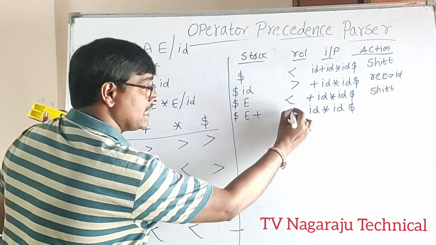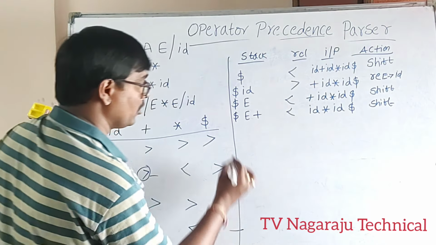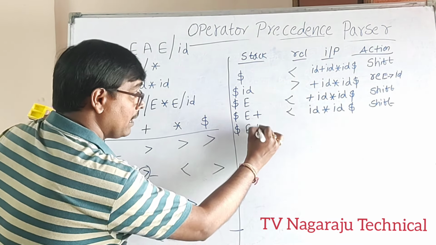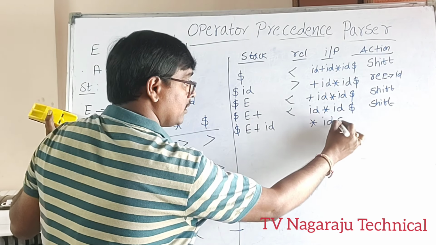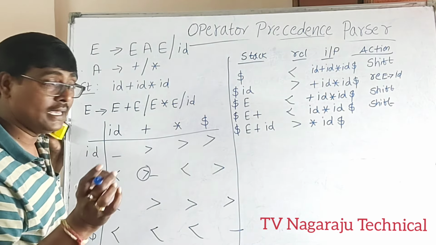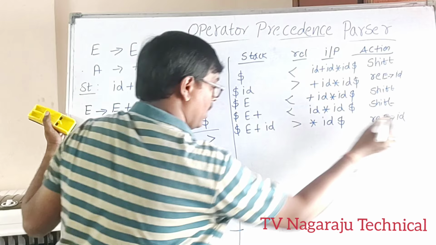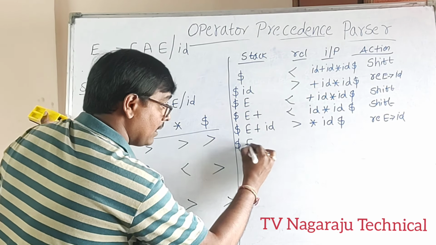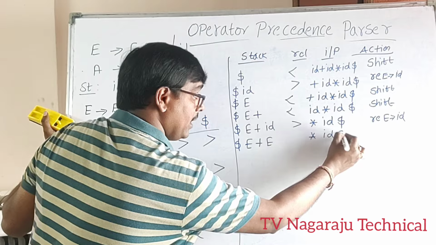Now, dollar E plus ID star ID dollar. Again, plus is less than ID. If plus is less than ID, then shift. Now, ID is greater than star. If ID is greater than star, then reduce: E tends to ID. Now, dollar E plus E star ID dollar.